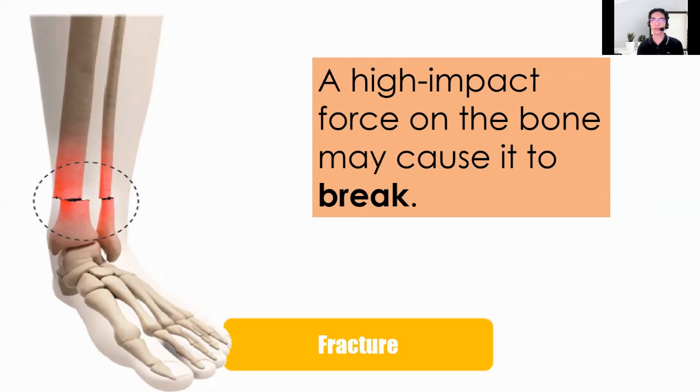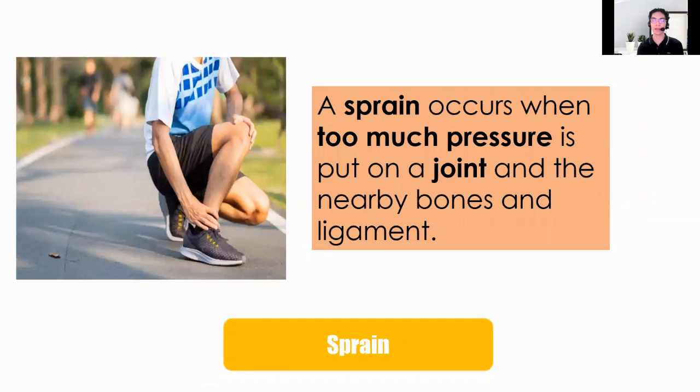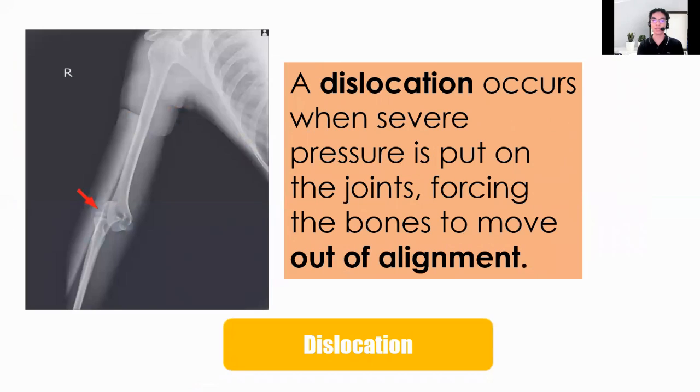So a fracture is a break in a bone. Sprain. A sprain occurs when too much pressure is put on the joint and the nearby bones and ligament. Dislocation. A dislocation occurs when severe pressure is put on the joints, forcing the bones to move out of alignment.